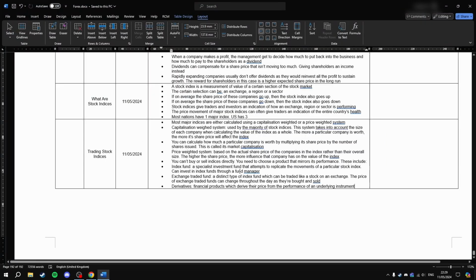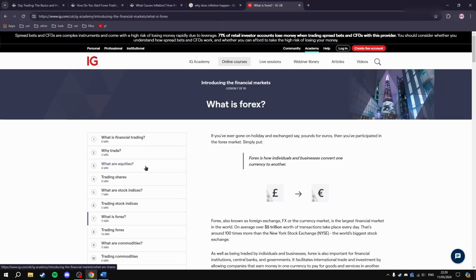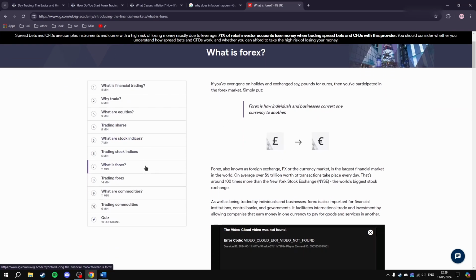What is Forex? If you've ever gone on holiday and exchanged, say, pounds for euros, then you've participated in the Forex market.